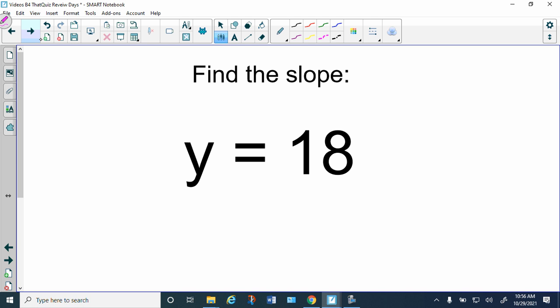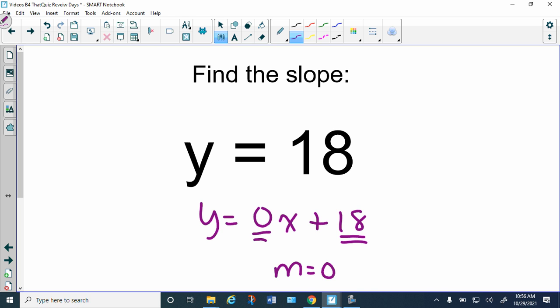But we can rewrite this like y equals 0x plus 18, because all we have is 18. If we don't see an x, it's because our slope is 0, and 0 times x is just 0.